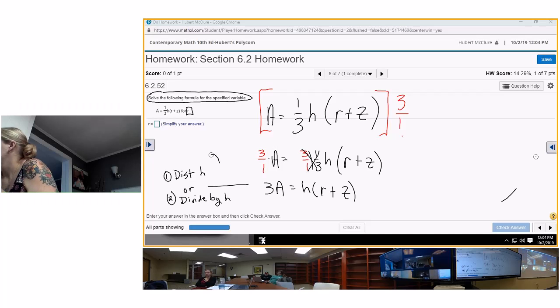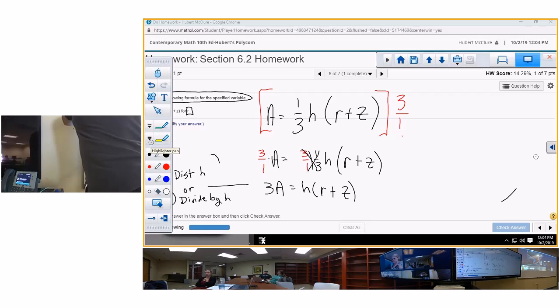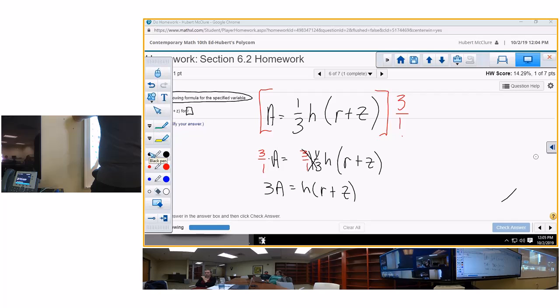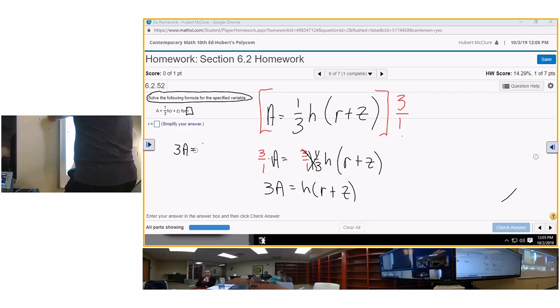So I'm going to erase it here, and I'm going to distribute the H. I'm going to get 3A is equal to HR plus HZ. Now, how did I get rid of a positive HZ?